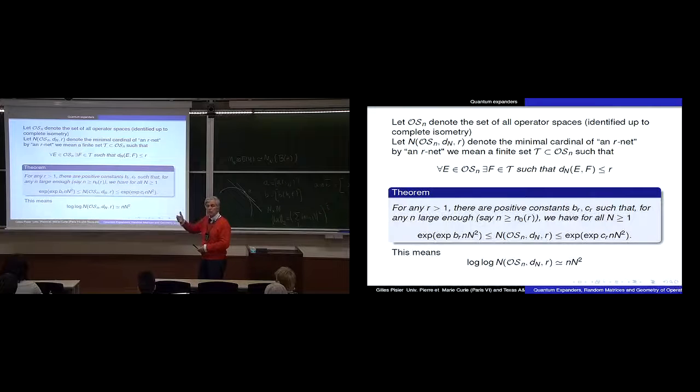Now scalars are replaced by matrices, and I ask myself the same problem, but the distance is the distance d_n, where instead of using scalars, I use matrices of size capital N times capital N. And so the result is similar. We have a two-sided bound for the metric entropy of this object. And it measures a certain explosion of the set of n-dimensional operator spaces. I'm out of time, so I'll just stick to that.